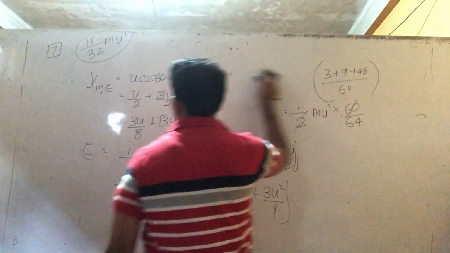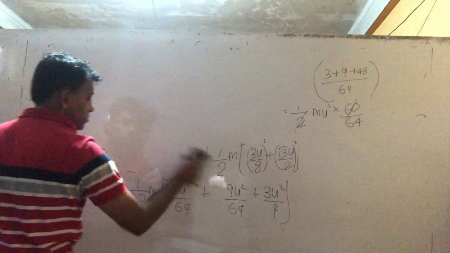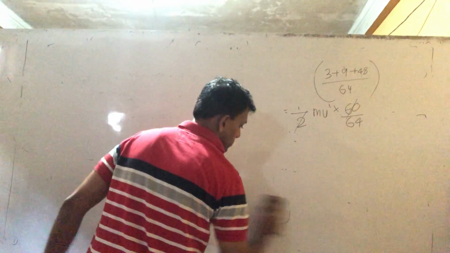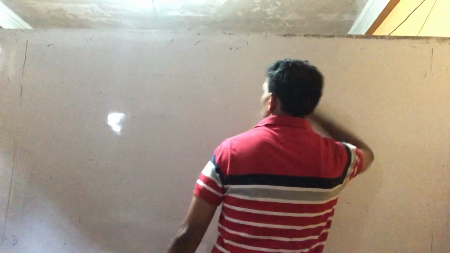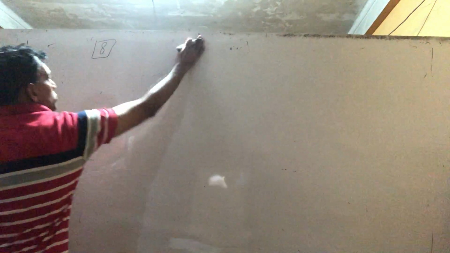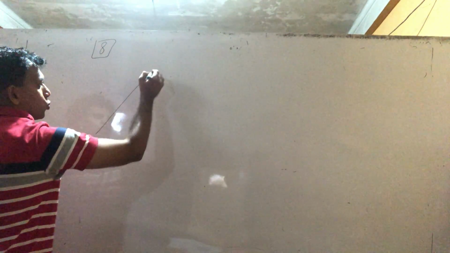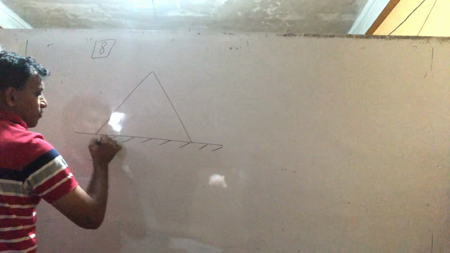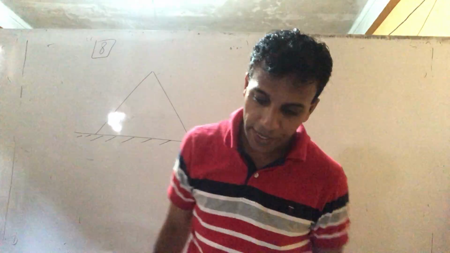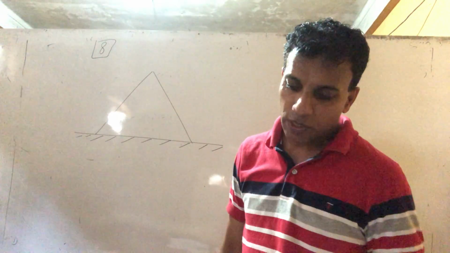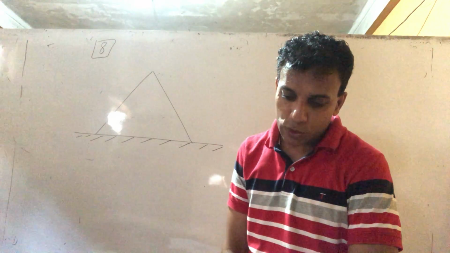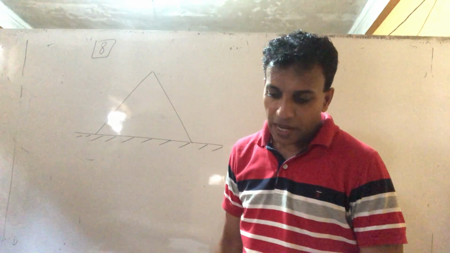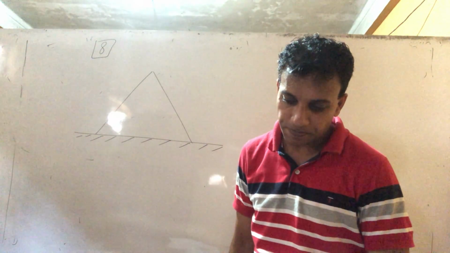Okay, see question number 8. Question number 8 is a statics question. Two equal ladders, equal meaning same mass and same weight W, are placed so as to lean against each other like this, with their ends resting on a rough horizontal plane.